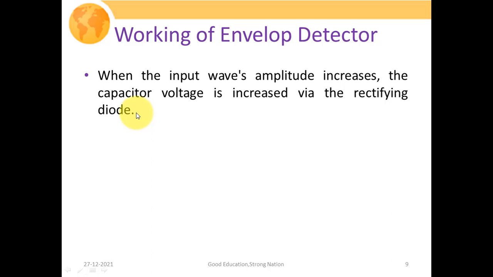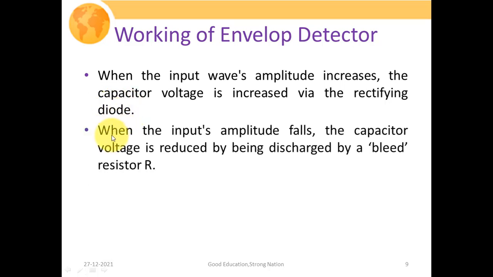That is, the capacitor charges instantaneously to the instantaneous voltage of your envelope. When the input's amplitude falls, the capacitor voltage is reduced by being discharged through the bleeder resistor R. This is what we have discussed: in the negative half cycle, when the capacitor's voltage is greater, the capacitor starts discharging through the bleeder resistor R.